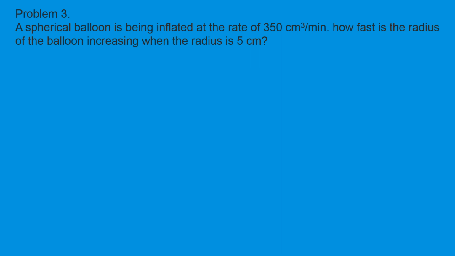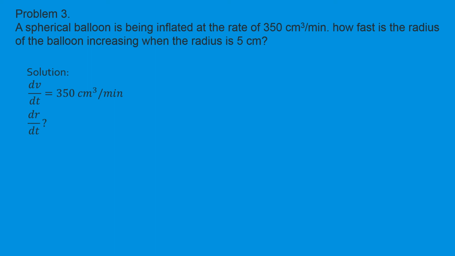The quantity inside of this spherical balloon, or the space. So we are asked to identify how fast is the radius of the balloon increasing when the radius is 5 cm. Okay, so we are given dV over dt, no? The change of its volume, that is 350 cm cubic per minute.